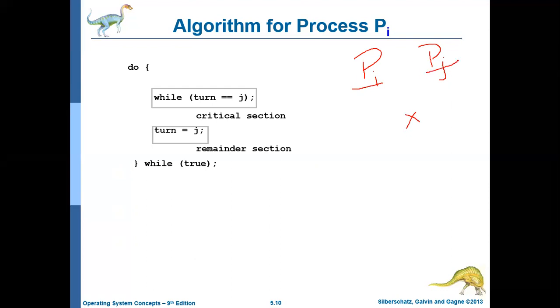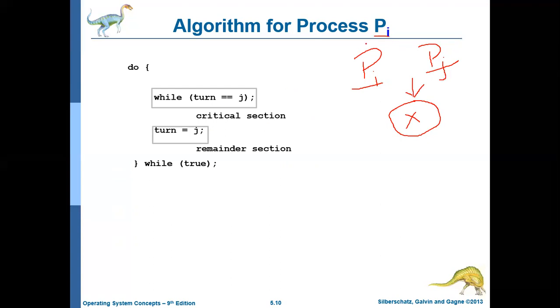Similarly, if Pj is executing its critical section, then Pi should not execute its critical section. If this is ensured, then X will not become inconsistent. X will always be consistent. So how to ensure that? That is what we are going to discuss with this algorithm.